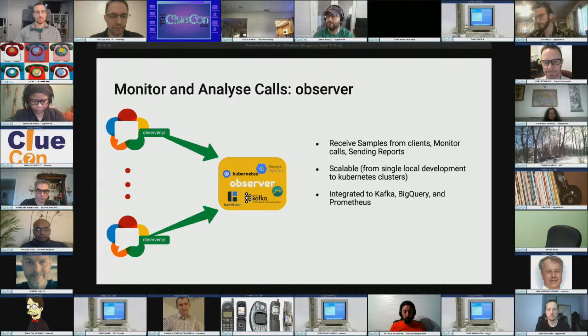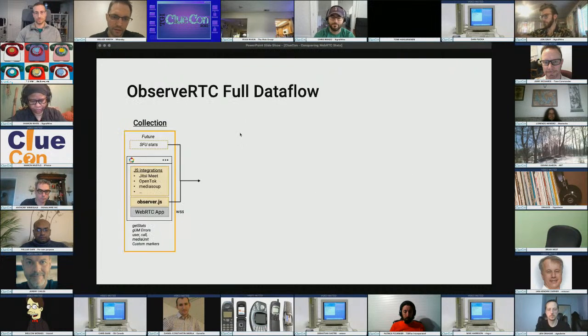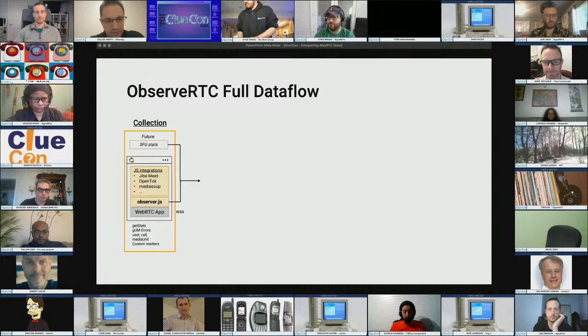Yeah, so the full data flow of the current solution we have: the client library is extracting the WebRTC stats from the client, and also the client information like the operating system and the platform details. It multiplexes it into one sample, and that one sample is sent to the backend, where the observer receives it through a WebSocket.